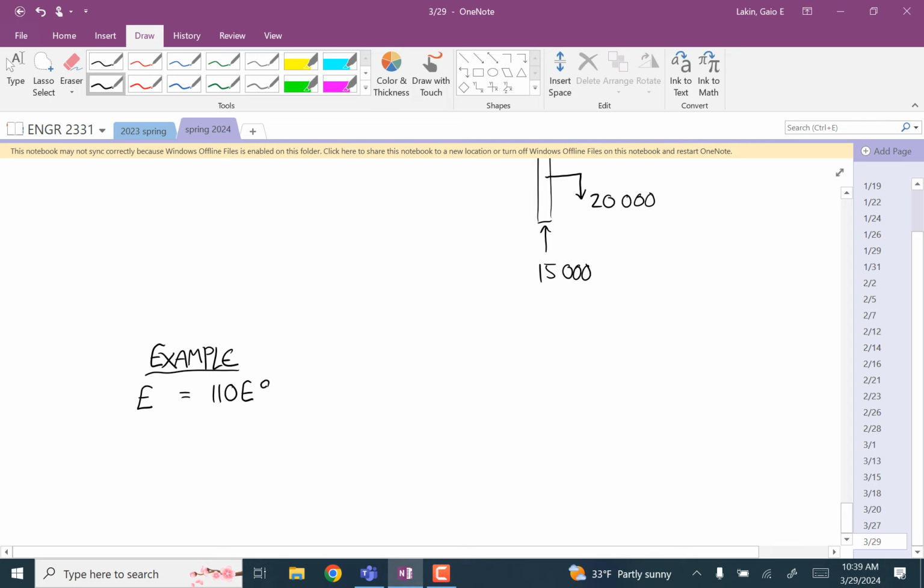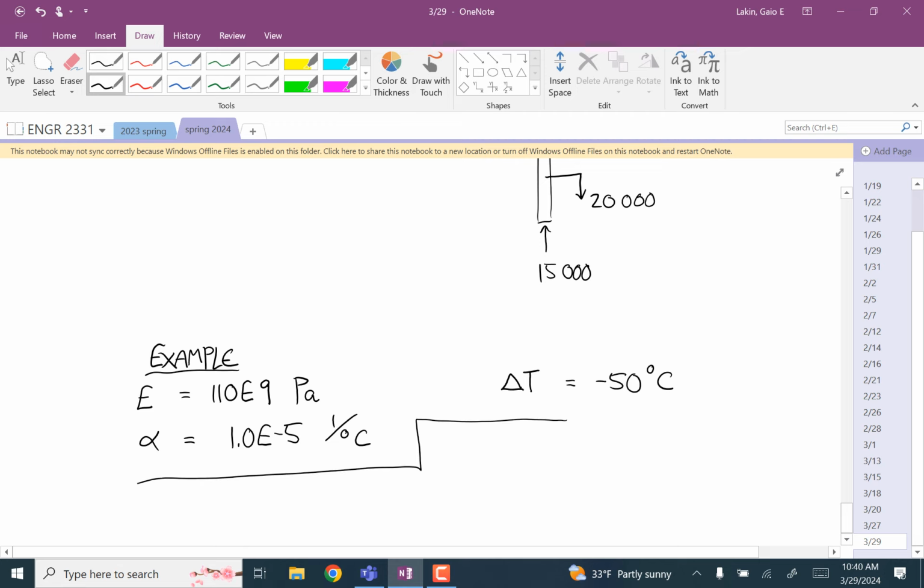So 110 times 10 to the 9th pascals. And the coefficient of thermal expansion is 1 times 10 to the minus 5, 1 over degrees Celsius. And let's say that the temperature is decreased 50 degrees Celsius. Yeah, it got colder.